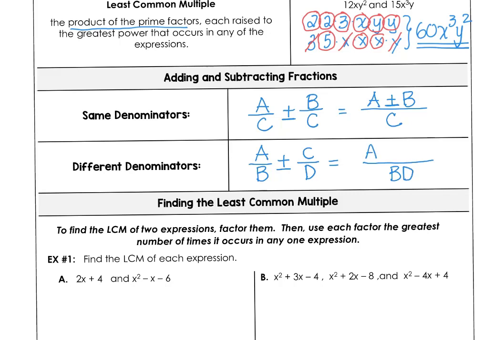So the a needs to have a d, and the c needs to have a b. So then we can add or subtract a times d plus or minus b times c, because I'm using that well-chosen one idea again, so that the left fraction needs d over d, and our right fraction needs b over b, and we end up with that situation.